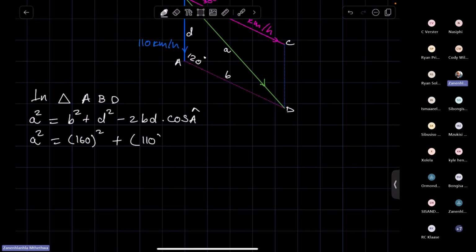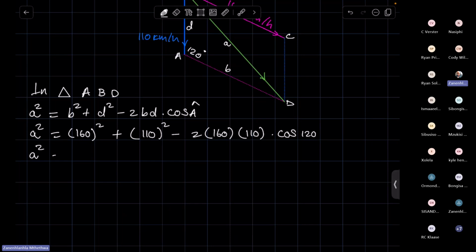So that's 110 squared minus 2 into b, b is 160, d is 110, times cos A. A is 120. So what is a squared equal to? What do you get here? What is 160 squared plus 110 squared minus 2 into 160 into 110 times cos 120?